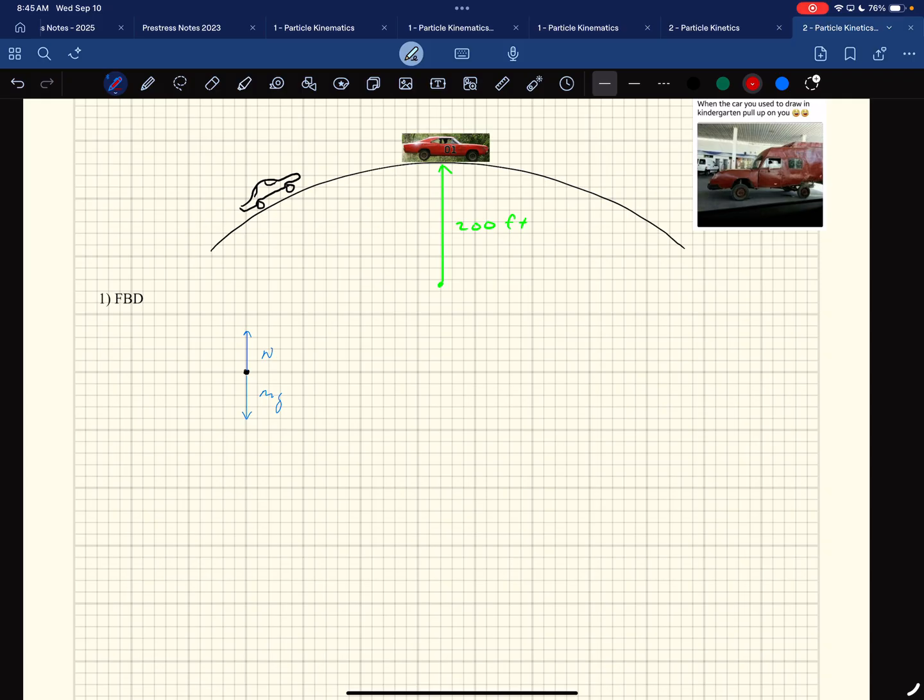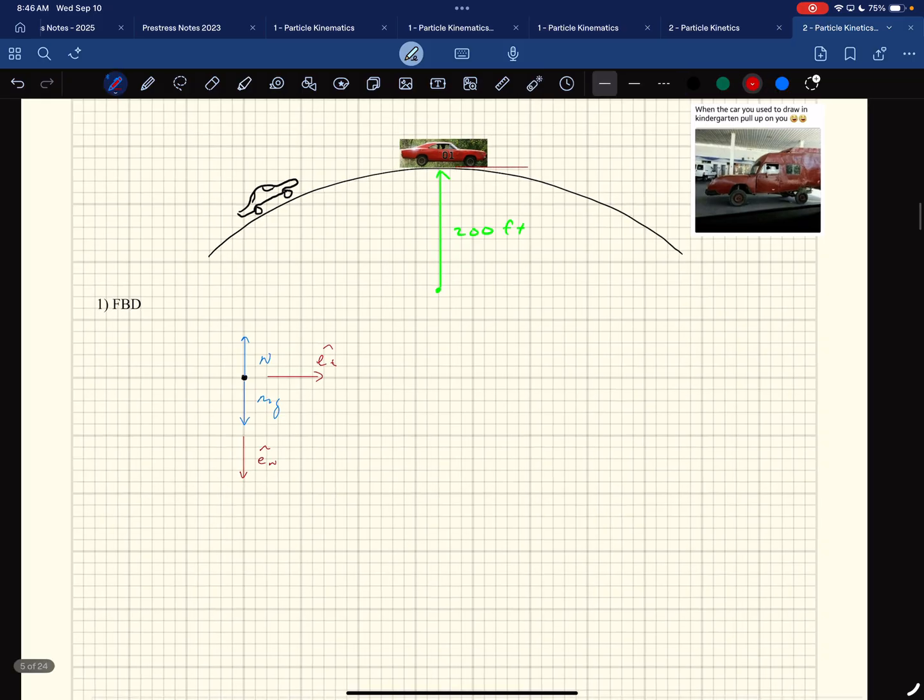We're going to do normal-tangent, but which way are they pointed? So we have one this way, tangent to the path. That's e_t. And then I have one acting this way right here, and that would be e_n hat. Part of these problems is figuring out where they go. This is a circle going around like that, so my e_t is tangent to the path.